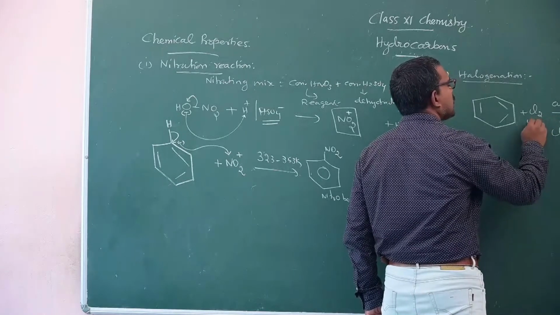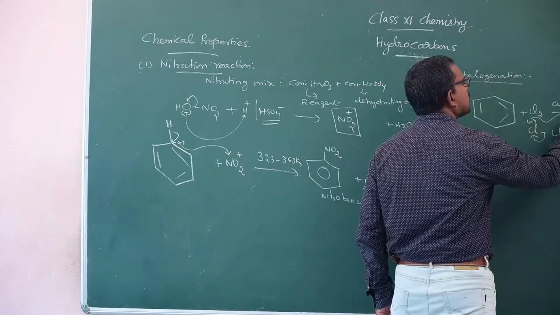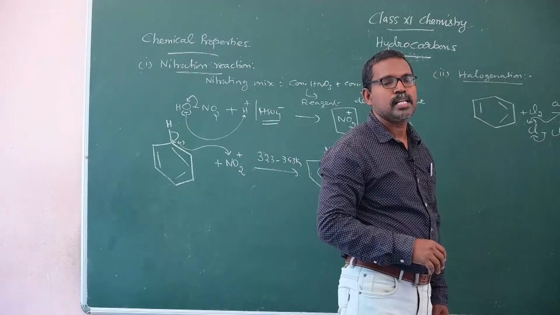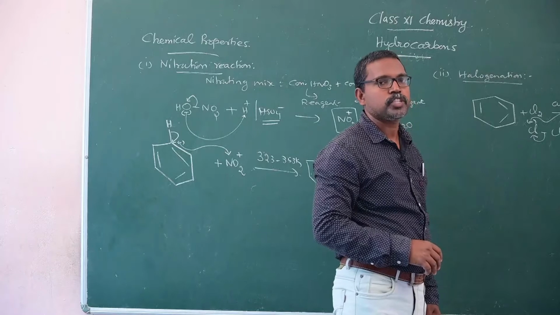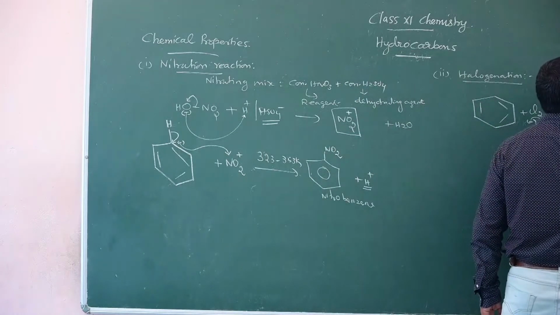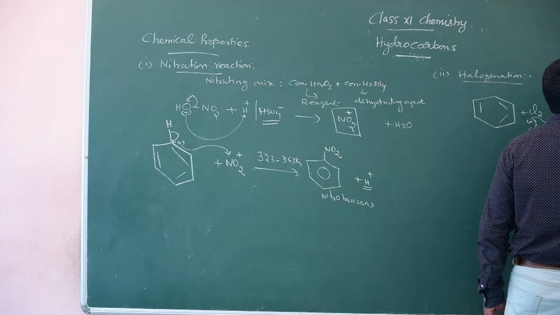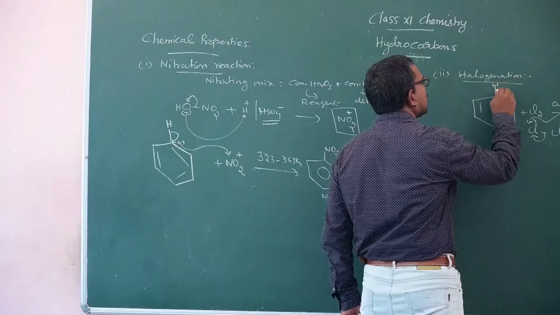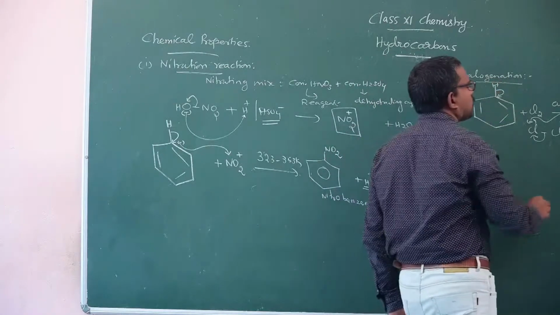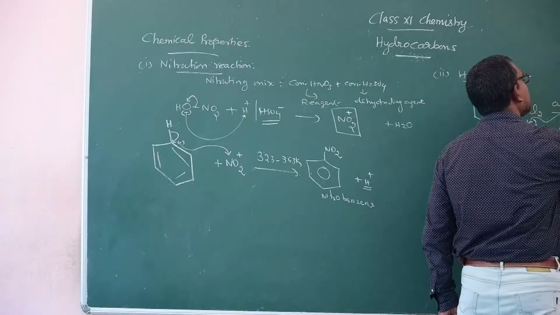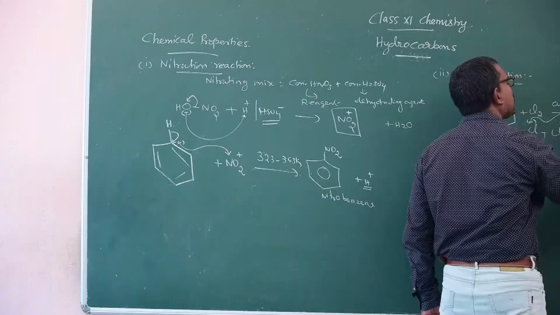The Cl- abstracts AlCl3 to form AlCl4-. In a similar way, this bond shifts towards the benzene ring and carries a negative charge, and it abstracts the proton.